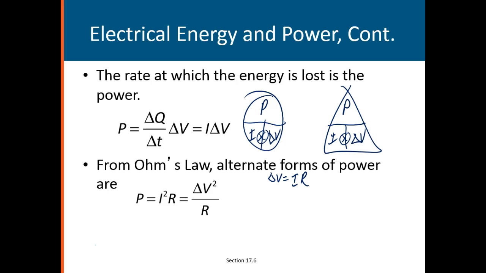So therefore, in this formula, what we're going to do is put IR instead of delta V. That gives you I squared R. And there's another example of a power law formula. This is the one that we use when we're dealing with voltages and currents. This is the one we use when we're dealing with currents and resistors.